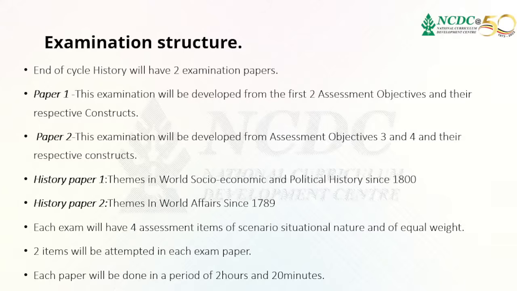We don't have compulsory questions, they are all optional. Each paper will be done in a period of 2 hours and 20 minutes: 20 minutes for reading through the instructions, then 2 hours for actually doing the 2 questions.